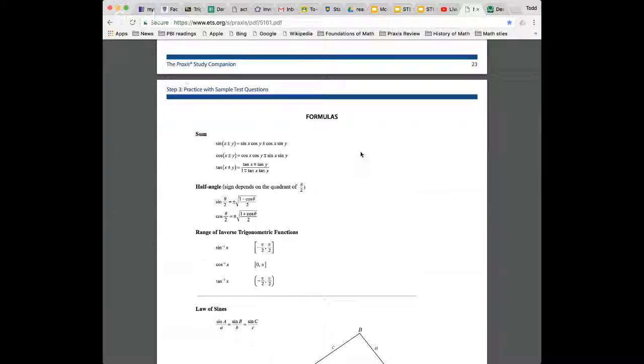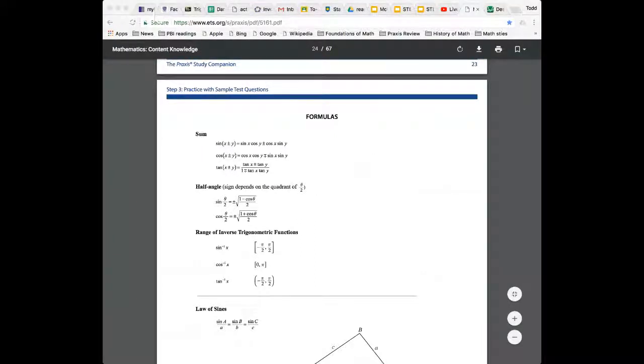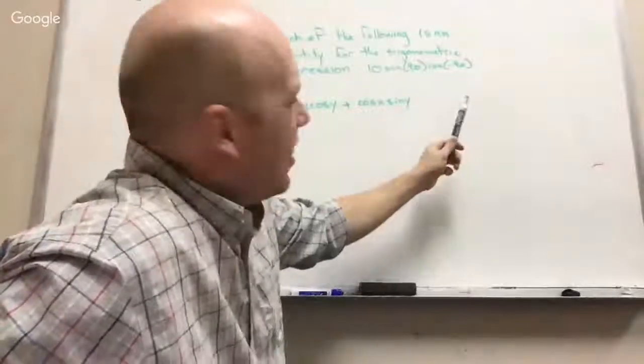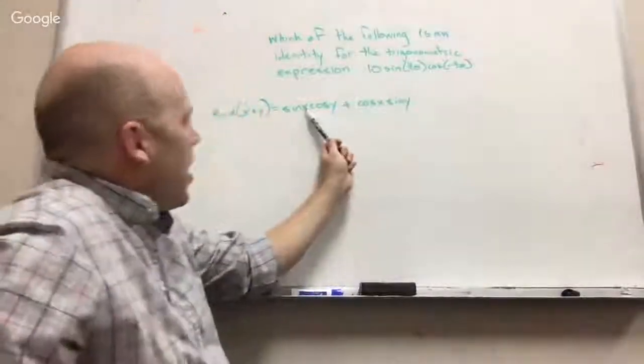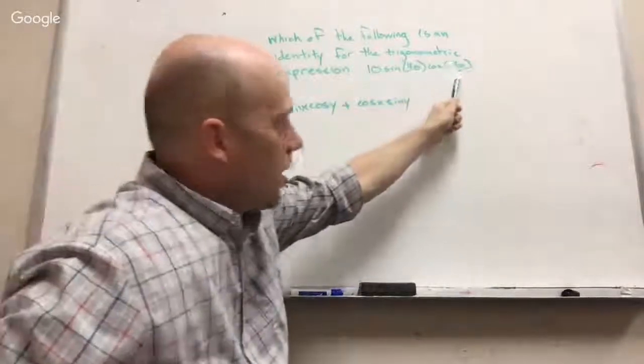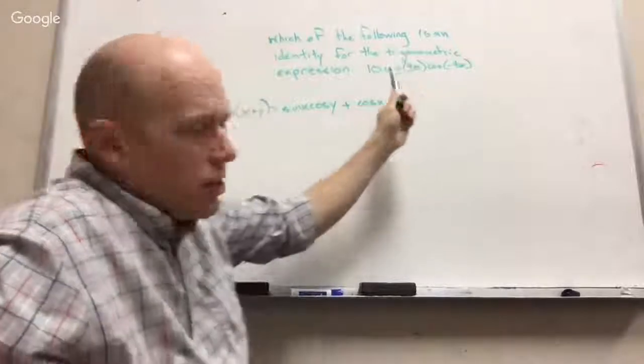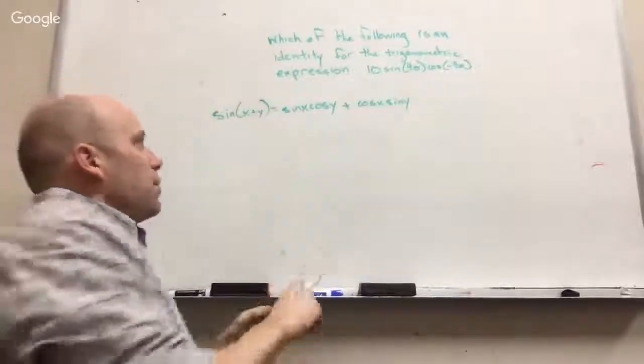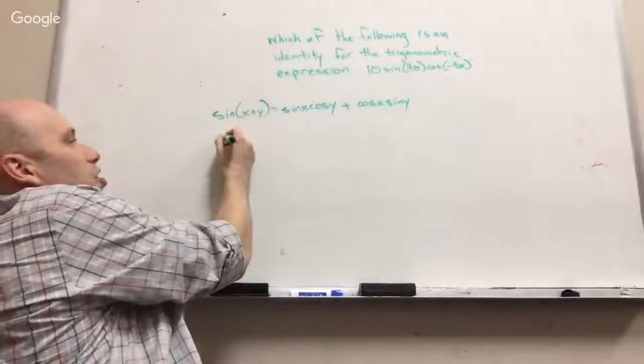Oh wait, I'm pointing at the board and you can't actually see what I'm doing. So let me stop screen sharing. We have x and y. Here we have 4 theta and negative 4 theta, so they're almost the same thing. So we might think of something like the double angle formula.